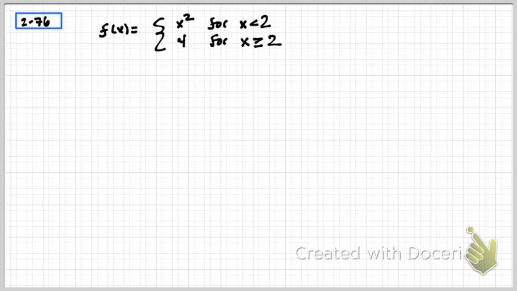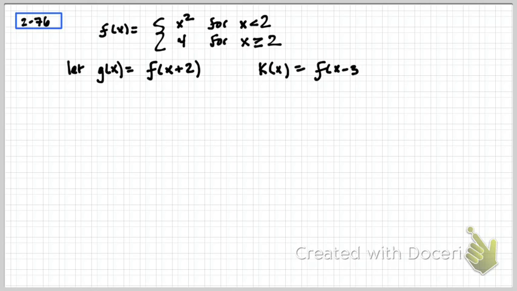And then it says let g of x equal f of x plus 2 and let k of x equal f of x minus 3. Alright, and it has us do a couple things.